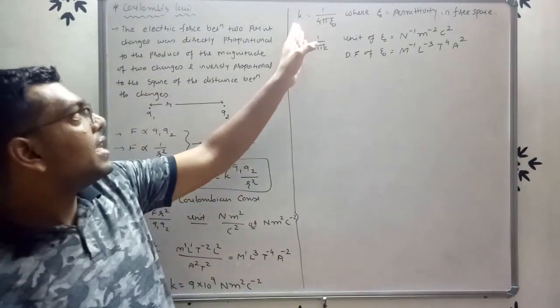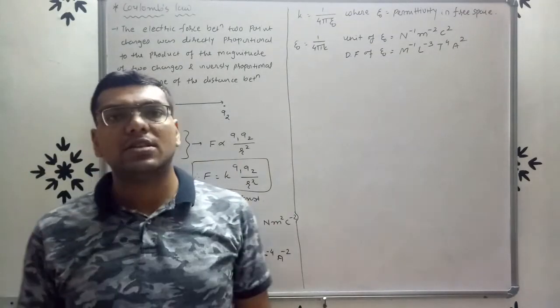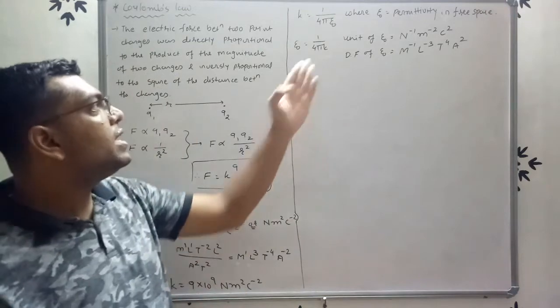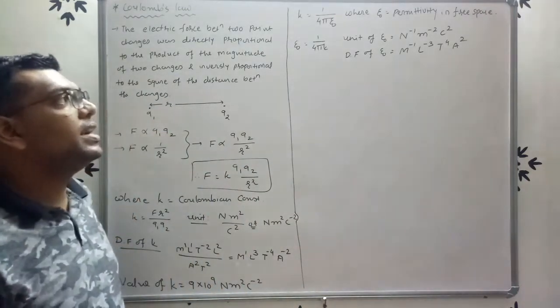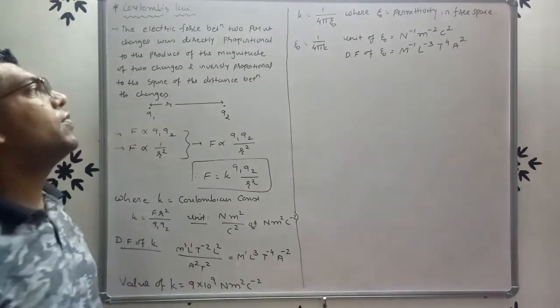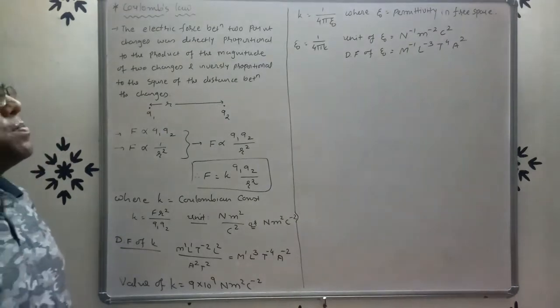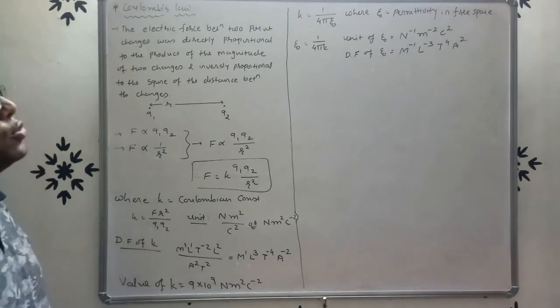So we can write that k is equal to 1 by 4 pi epsilon 0, where epsilon 0 is the permittivity in free space. The unit of epsilon 0 is Newton inverse meter raised to minus 2 coulomb square, and the dimensional formula of permittivity in free space is M minus 1 L minus 3 T4 A2.